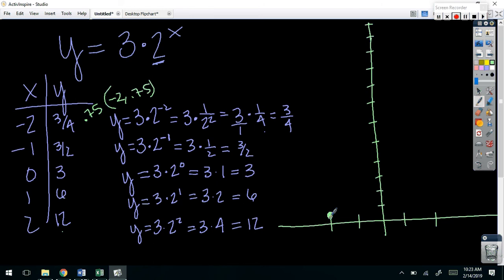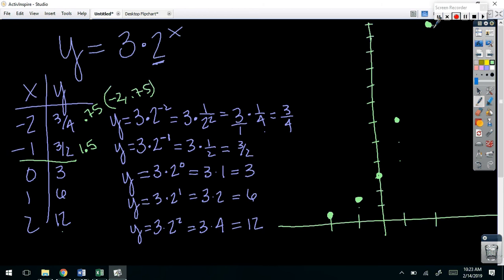Now the next point is -1, 3/2. 3/2 is 1.5, right? So look, -1, and then I go up 1.5. The rest of them are easy because they're whole numbers. 0, 3, 1, 6, and 2, 12.